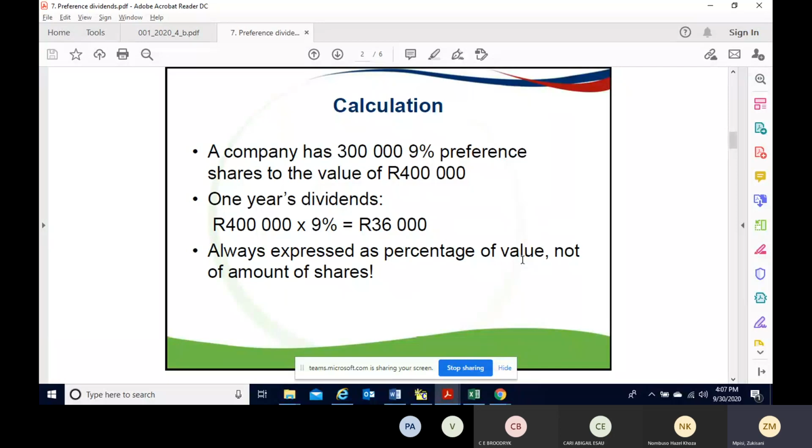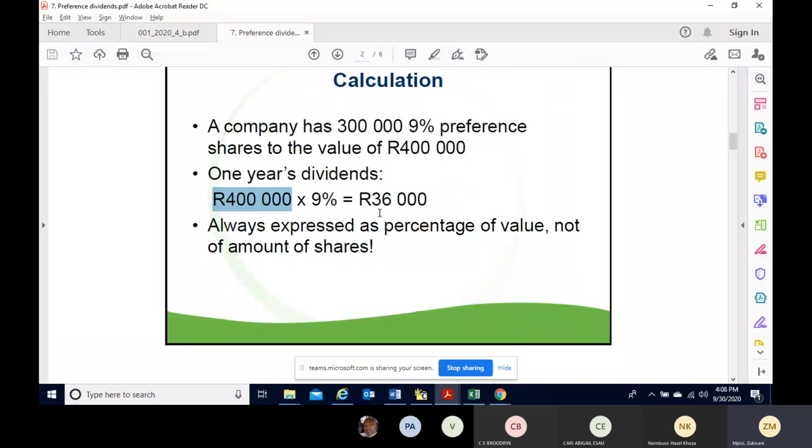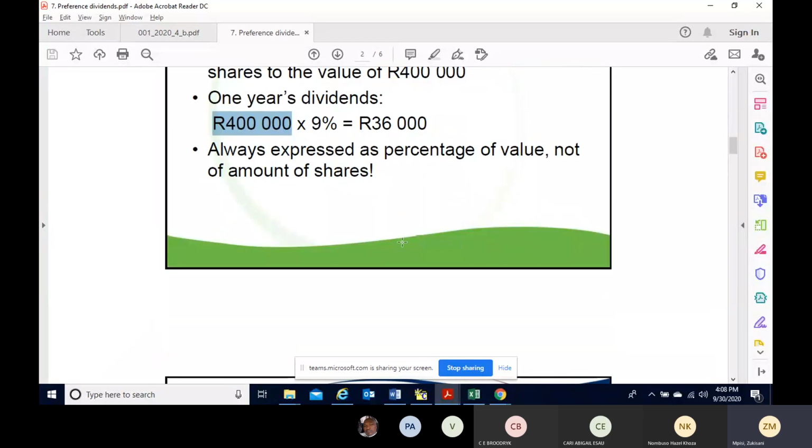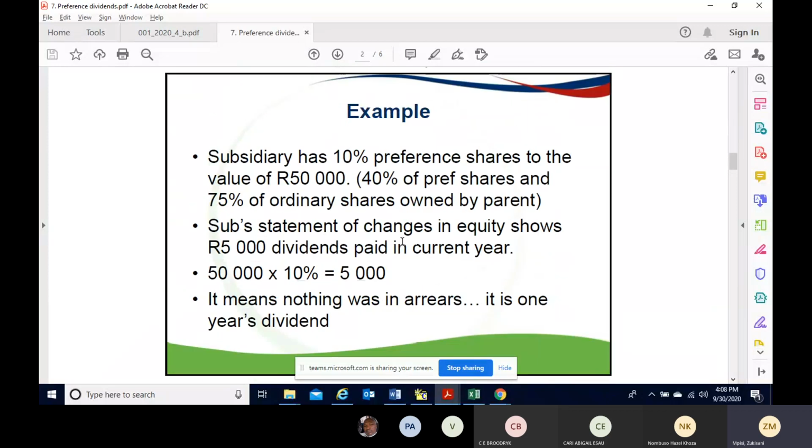I want you to hear this correctly: unlike ordinary shares, preference shares are the percentage of the value. In this example, a company has 300,000 9% preference shares to the value of 400. To calculate the preference dividend, it's 9% multiplied by the value. So it's not the number of shares. It's always expressed as a percentage of value and not the amount of shares.